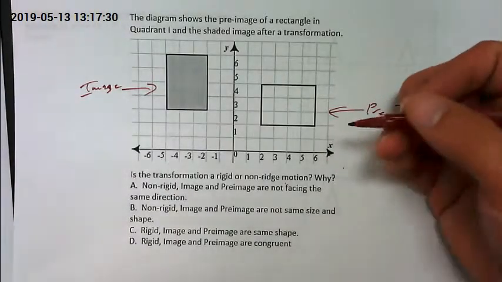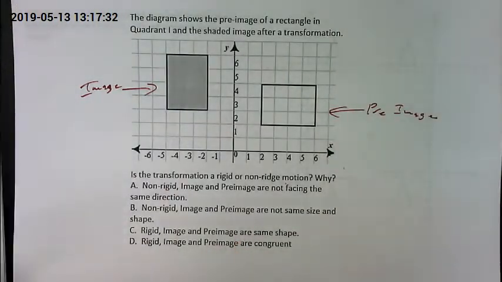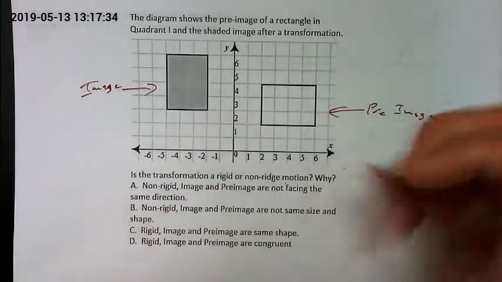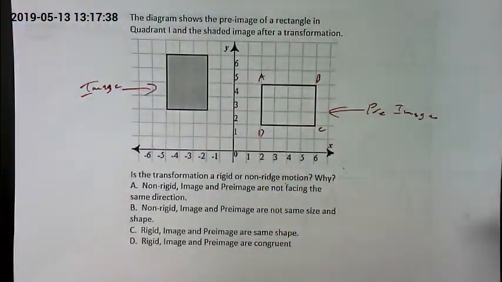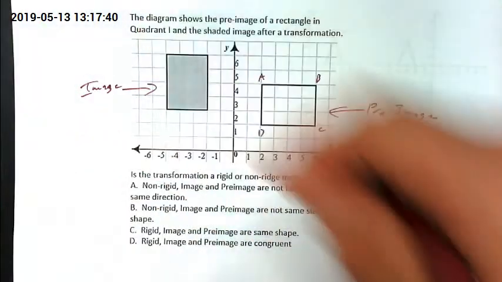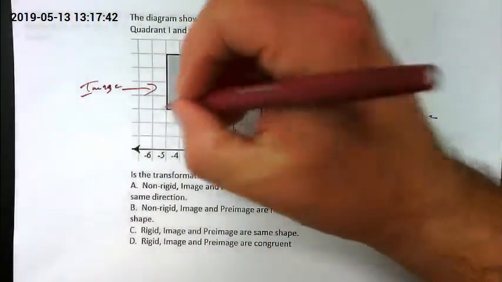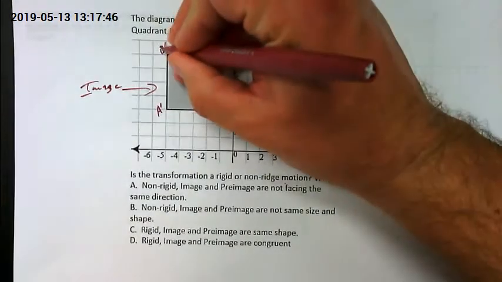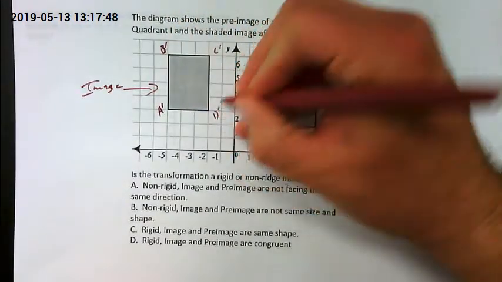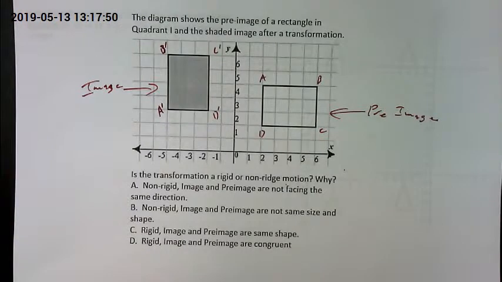So let's say for a second that I called this one A, B, C, D. Well, then when we rotate it over here, it would be A prime, B prime, C prime, D prime. Right?